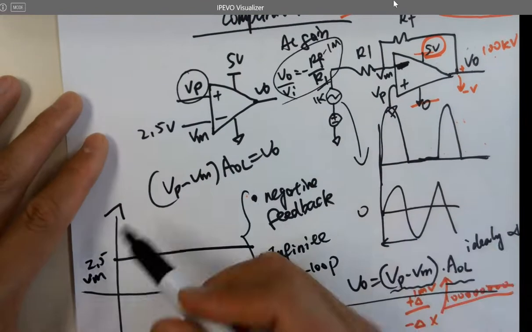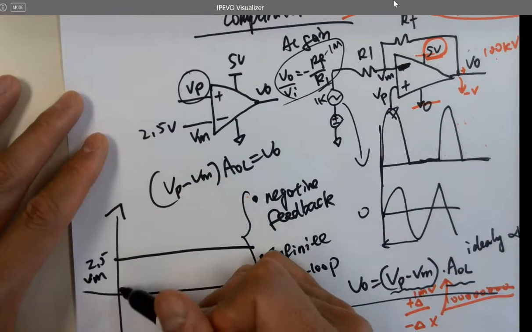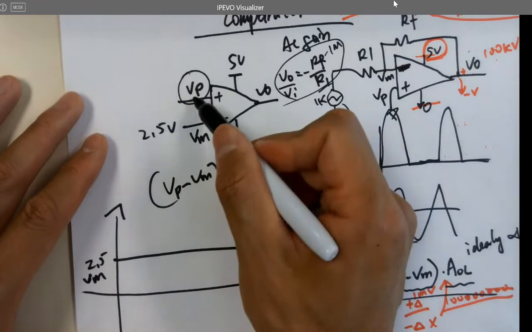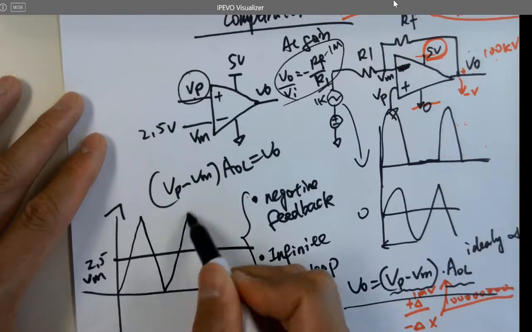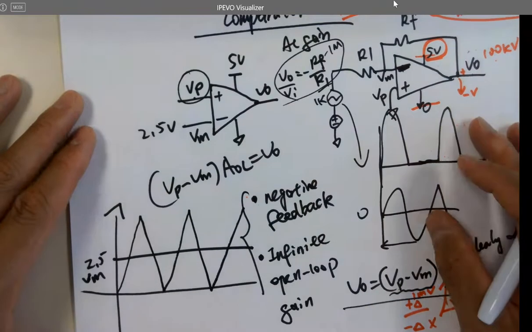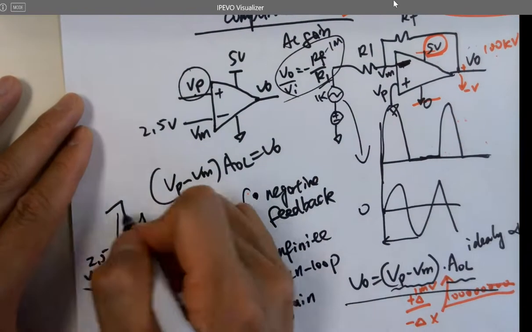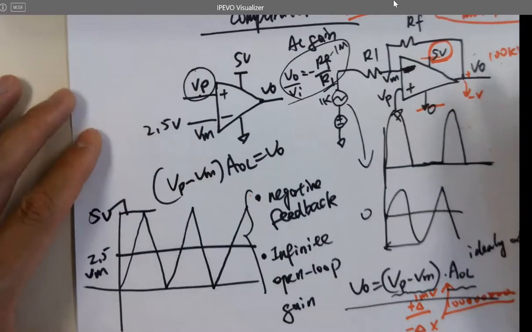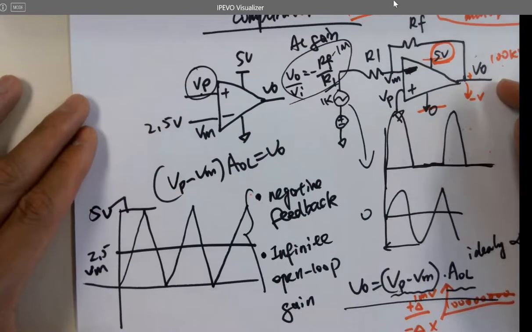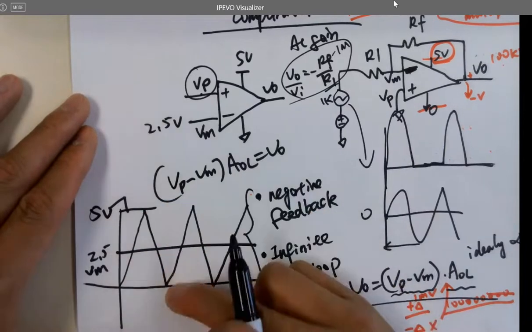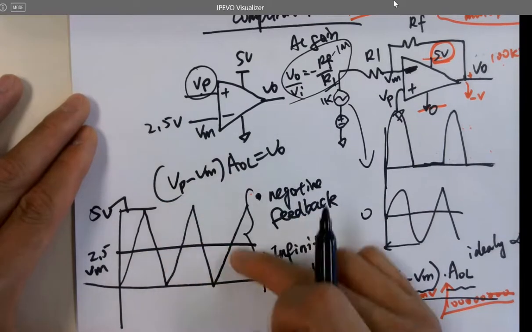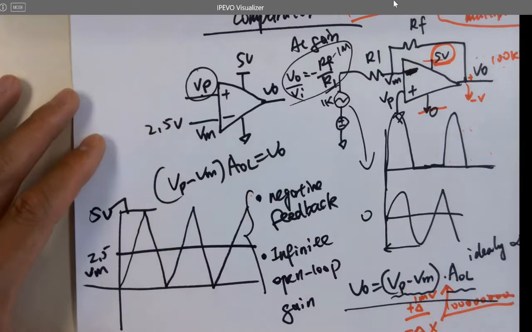And VP, I'm just doing a DC sweep. Here's 5. Just explore all the voltages linearly. Okay? And what is V out? What V out looks like.